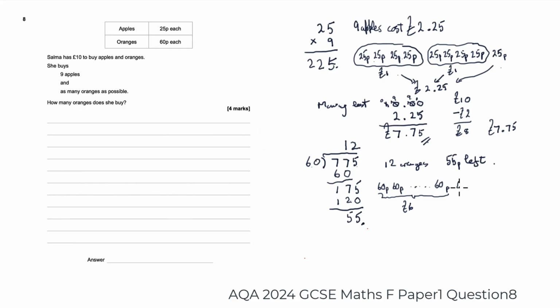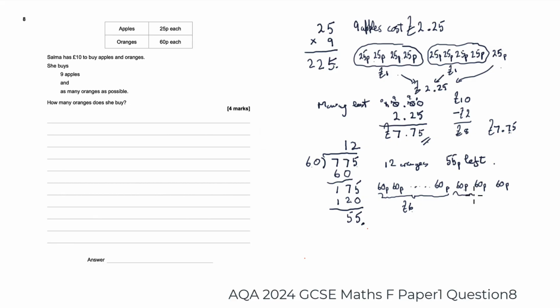Well, another 60 and another 60 would be 120 pence, £1.20, that's £7.20, and another 60 would be too much. That would be £1.80 onto this. That would be £7.80. No, we don't have enough.